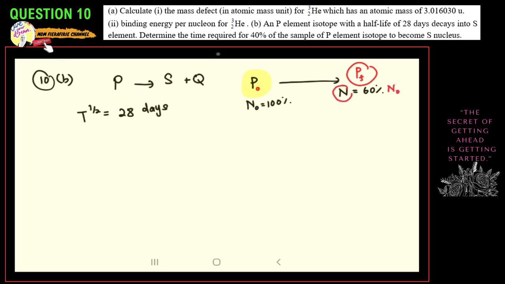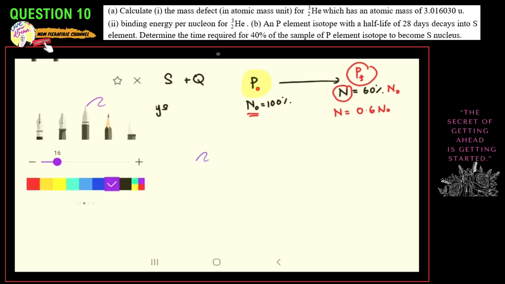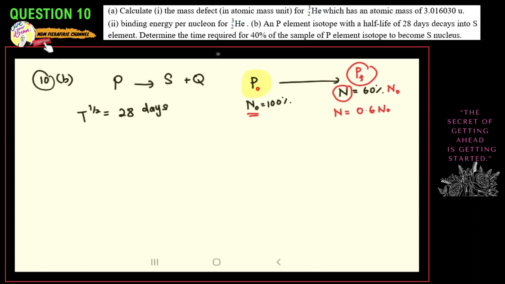So the final number of nuclei is 60% of its initial. So N should be equal to 0.6 N naught, N naught adalah 100%, kan? So sekarang kita nak kira apa? Kita nak kira the time required for 40% of sample P tadi to become S nucleus.